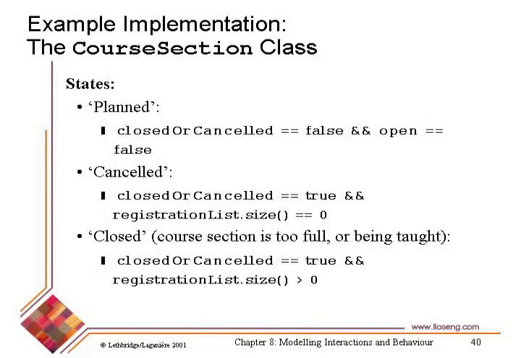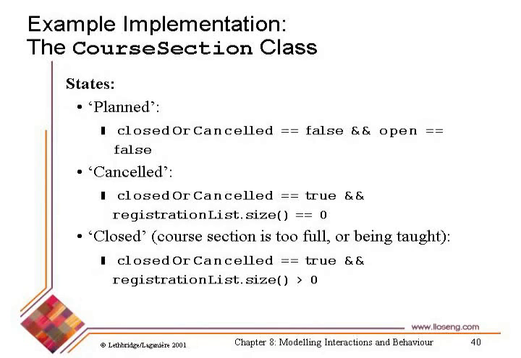Another way of doing things, and what is shown here, is that I actually have several variables together that combine to model the state. So I'm going to have closed or cancelled as a variable, and I'm going to have open as a variable. Closed or cancelled basically is going to model the situation when we're not accepting students, and open is going to model another situation. And we'll see these become clearer in a few seconds.